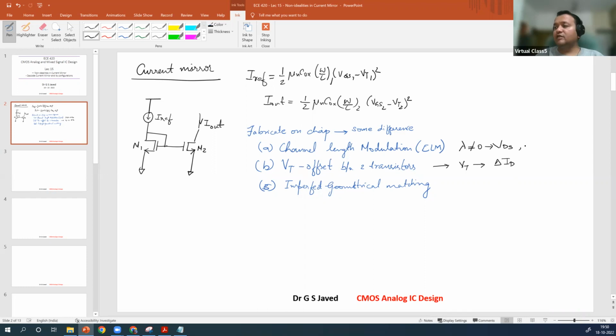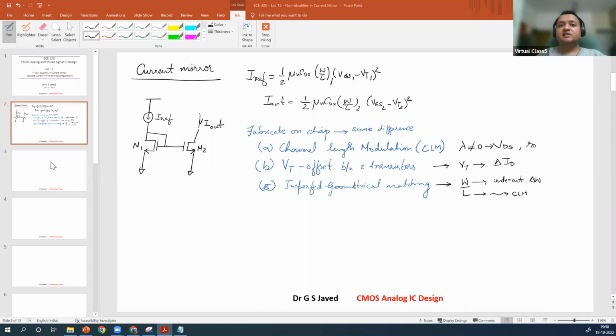VGS will have, lambda will have different R out conditions. And imperfect geometry, you have two geometries. When you have the W, you will have the L also. So L will get impacted with CLM, channel length modulation. W will get impacted with the process. If there is any undercut, which will reduce the W value, you will have a delta W coming here. So these are the three predominant factors, right?